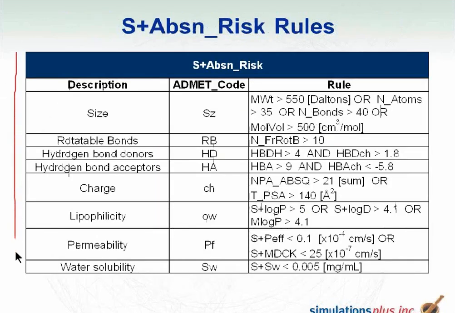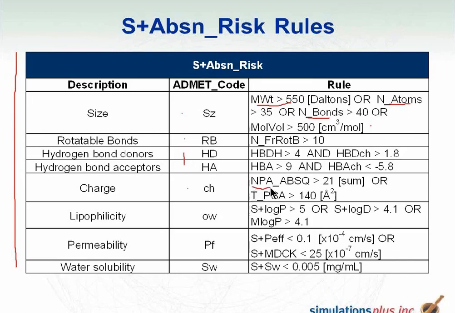This next slide shows a chart of the various properties we look at for the absorption risk. So one is the size, indicated by high molecular weight or large number of atoms or bonds or a high molecular volume. We also have a penalty for excessive rotatable bonds, too many hydrogen bond donors and acceptors, excessive charge.